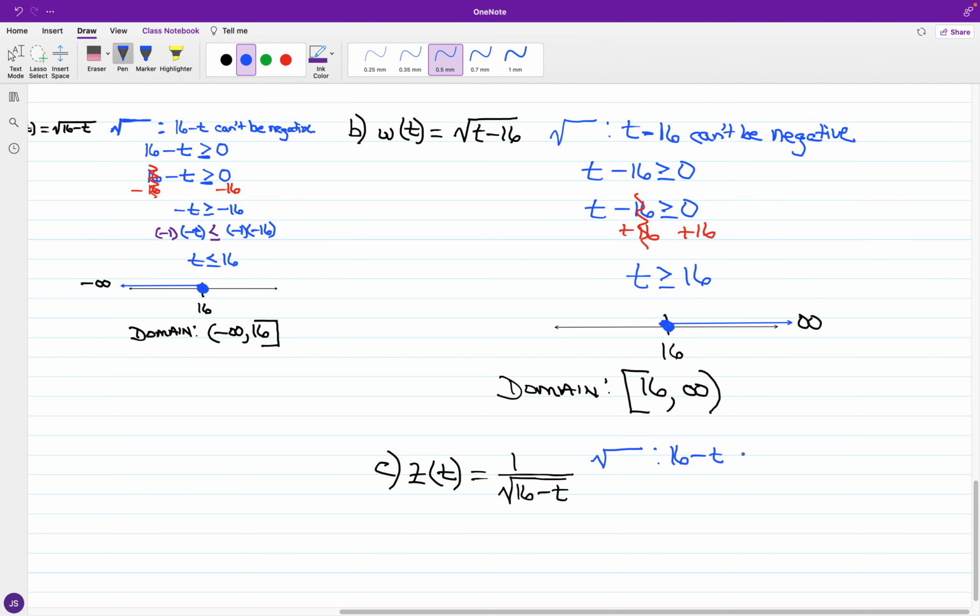This disallows 16 minus t from being negative. But now the square root of 16 minus t, since it is now in the denominator, we have the added restriction that 16 minus t cannot be 0.